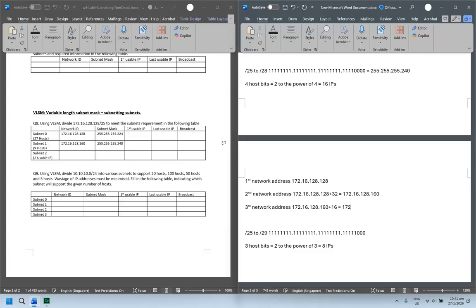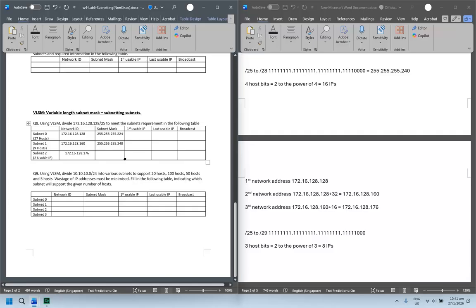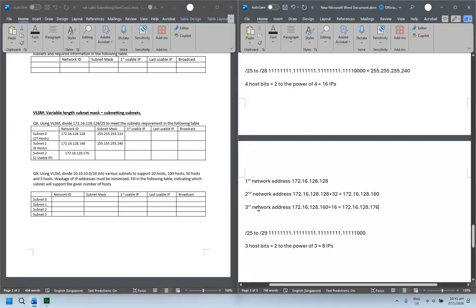So we should get 172.16.128.176. Okay, so that will be the network address of the next group, the third subnet.